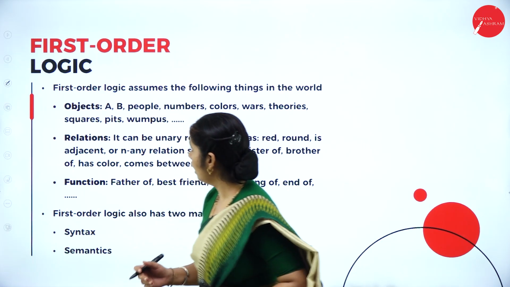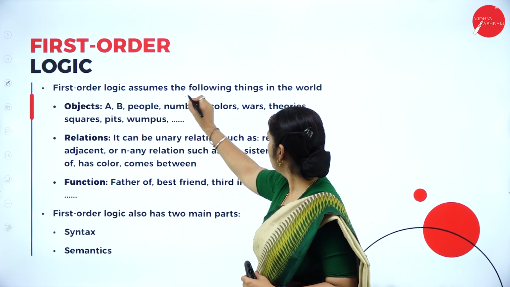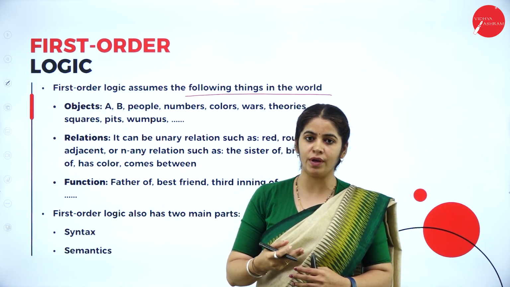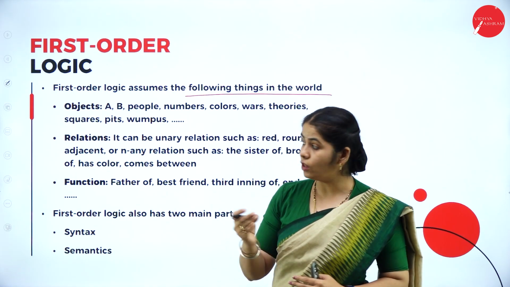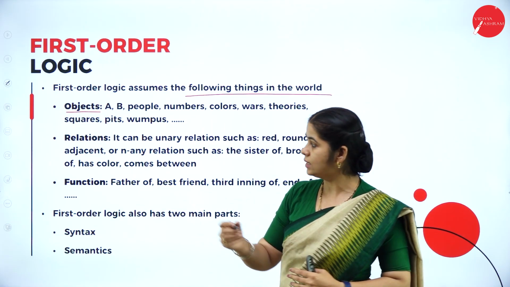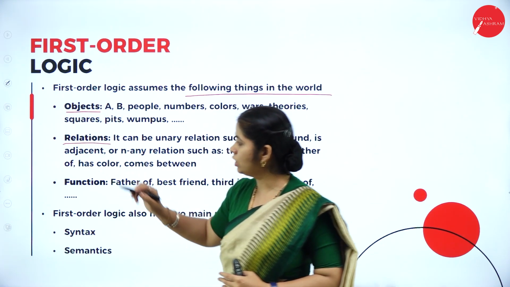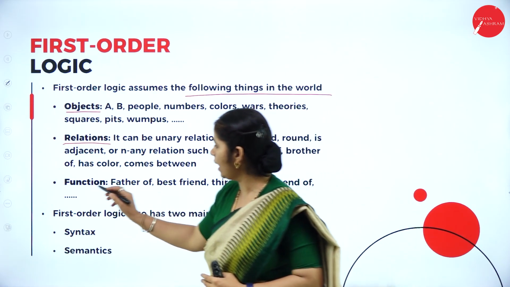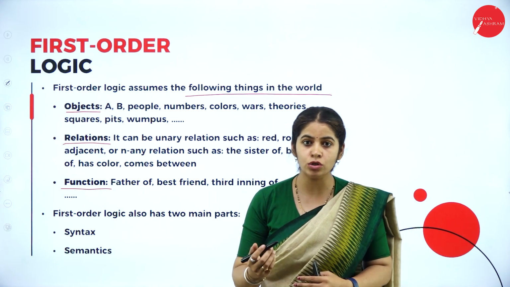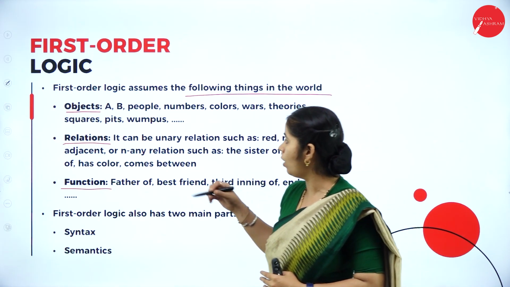So when it comes to first order logic, what are all the things we can assume? It will have the objects, as we are representing the environment, all the objects, and it will have the relations between each of the objects, and it will have the functions that a particular object has to perform in that particular environment.